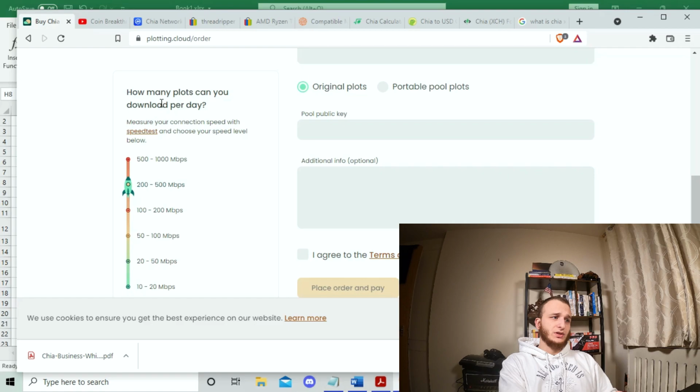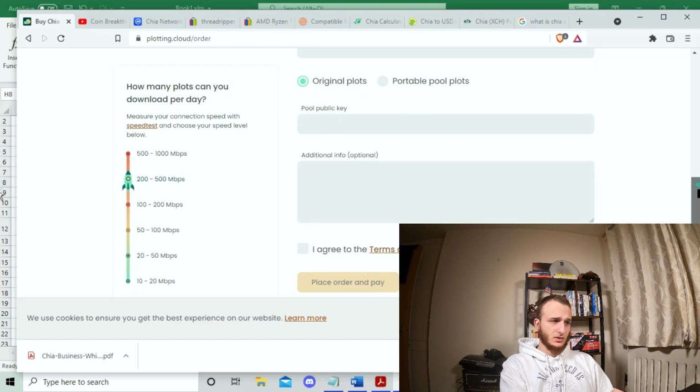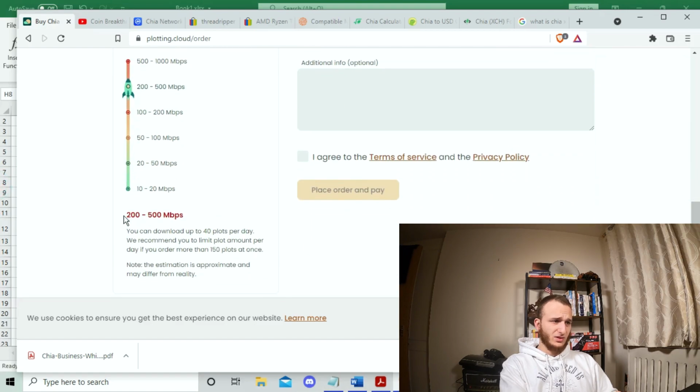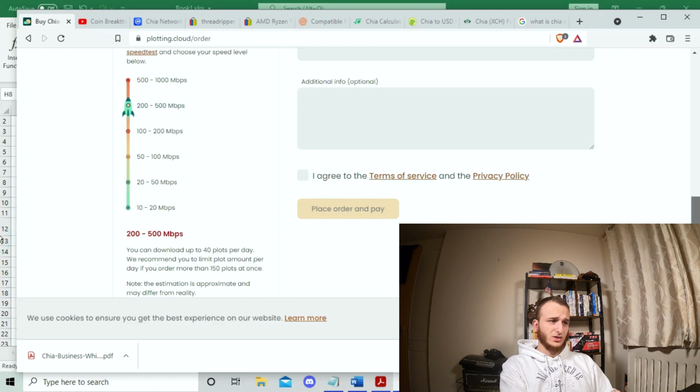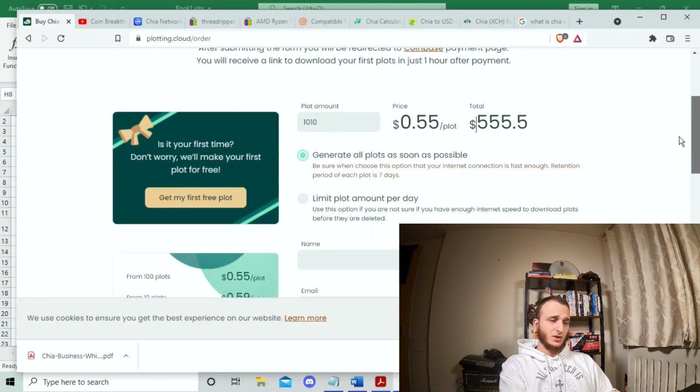But you have to download these plots, and you have to have a very good internet connection to download them, because if you have this, and this is a pretty good internet connection, 200 megabytes per second, you can download up to 40 plots a day. So it will still take you 25 days to plot it.